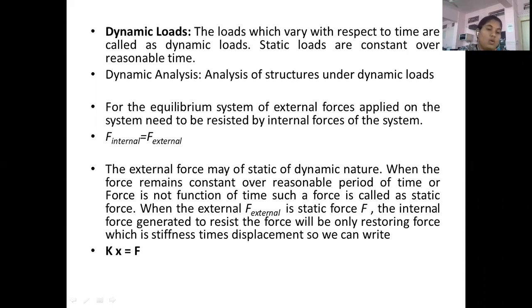And below this write down F internal is equal to F external.